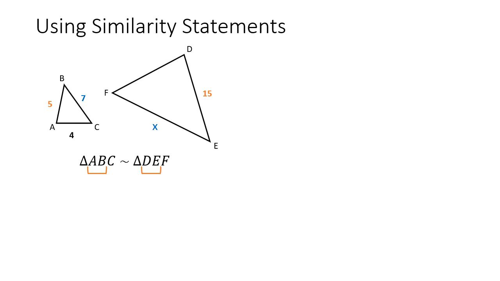So AB and DE represent the corresponding sides, and so we can put that in a ratio and compare, and then we can figure out what x is, because if E to F is second and third in the name, I know it's going to compare to BC. So we have to use BC in order to find E to F. So we can put these as a proportion, and now we can solve given what we know.